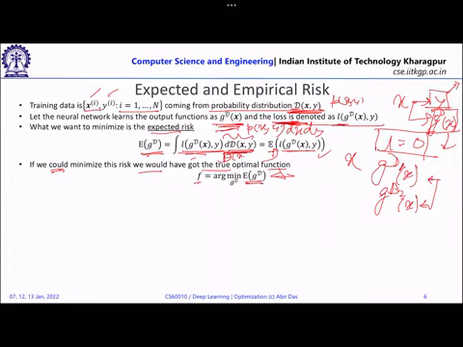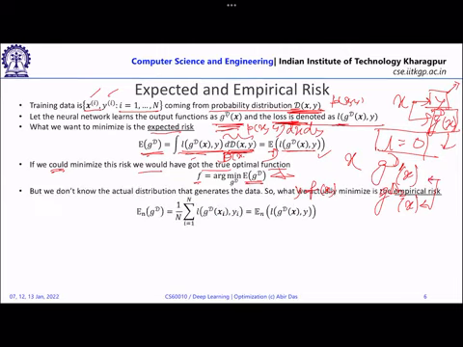So what is the true optimal function? That is the function that generates y from x. That is the true one that we can get, but we don't know the actual distribution. To minimize this, we need to compute this, and to compute this, we need to have this.